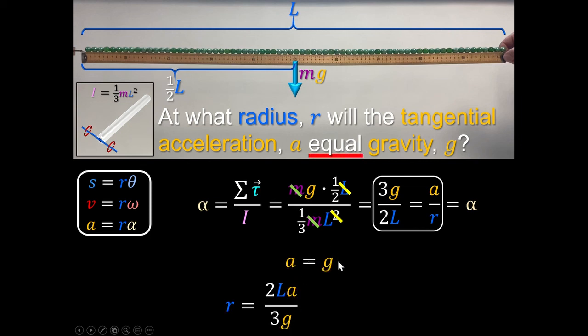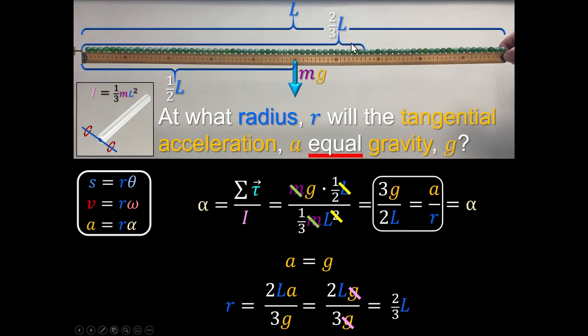So when a equals g will be our answer. We're going to let a equal g and see it cancels, and it looks like the radius is going to be 2/3 the overall length. So that distance there is what's going to be falling at a rate equal to gravity.